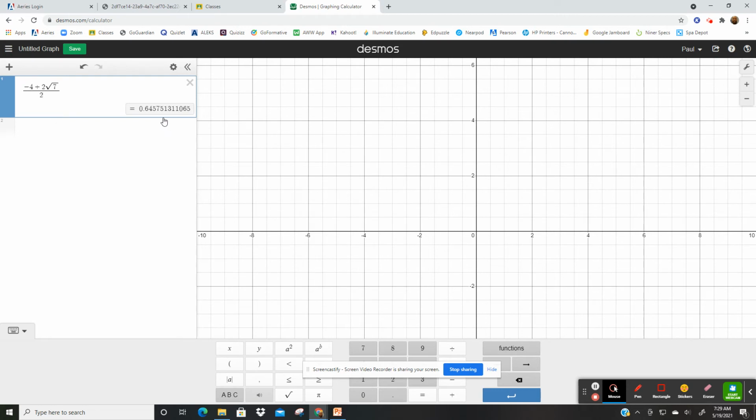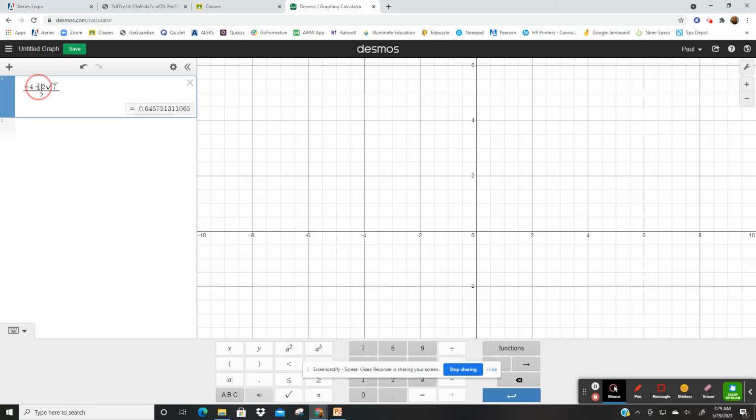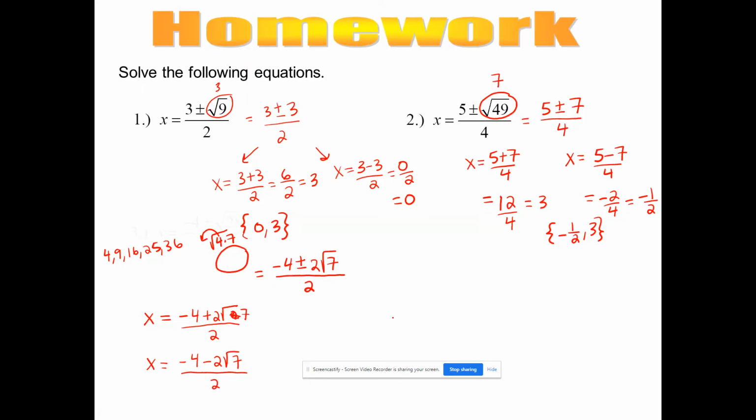So it looks like I got 0.64. So it's going to be 0.6 because that 4 keeps it at 0.6. Okay, so I'm going to go ahead and I'll put 0.6. And then the other one's a minus. So it's real easy. I'll just go ahead and just highlight this and put a minus. So I got to remember 0.6 and -4.6. Okay. So I'm going to put these approximations.